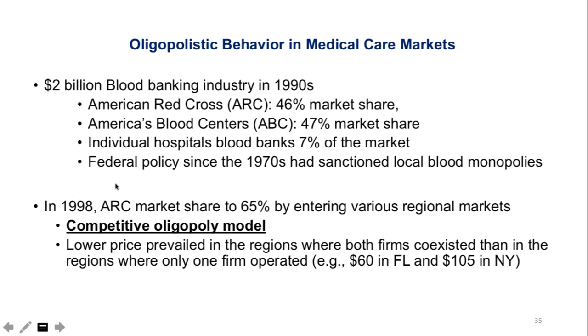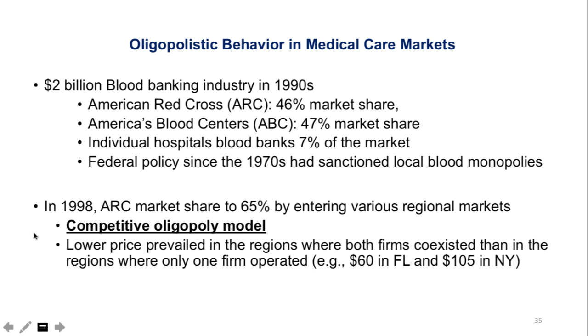Now, we have had this federal policy since the 1970s that had sanctioned local blood monopolies. But in 1998, the American Red Cross market share increased to 65% by entering various regional markets.